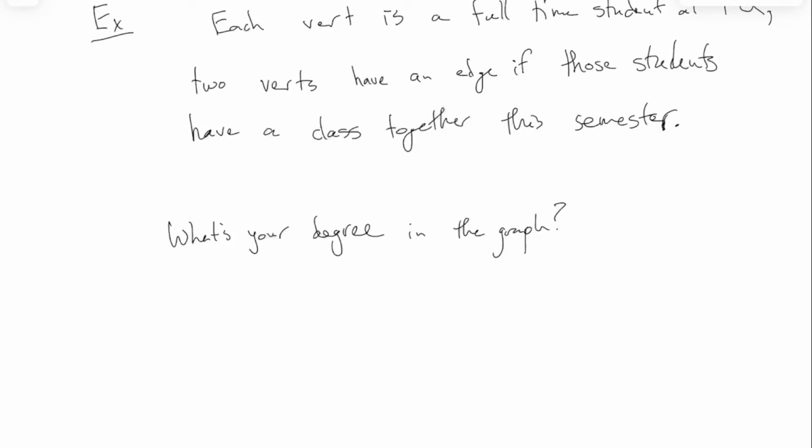I'm not sure it's possible to know just off the top of your head, but I would say, maybe a little multiple choice. Is it something like about 3, or is it about 20, or about 80? Anyone have a thought here? Your degree in this graph.